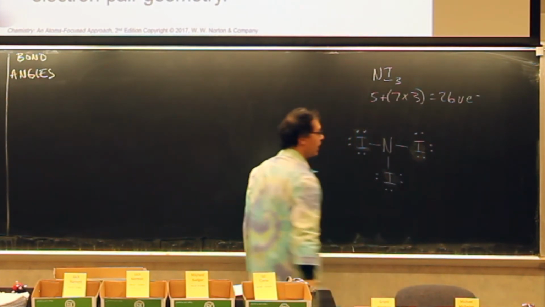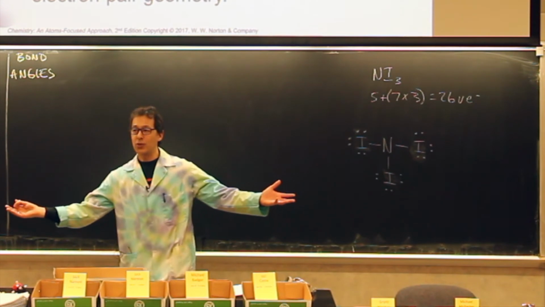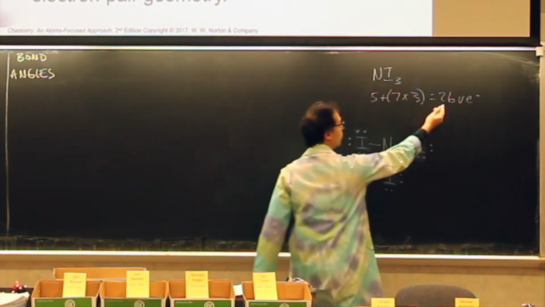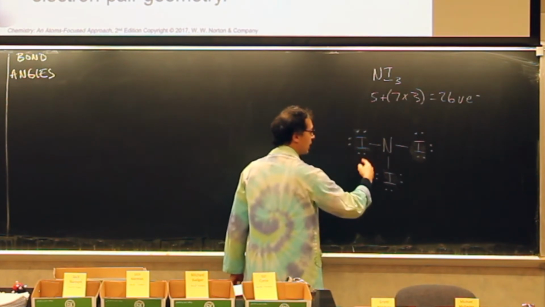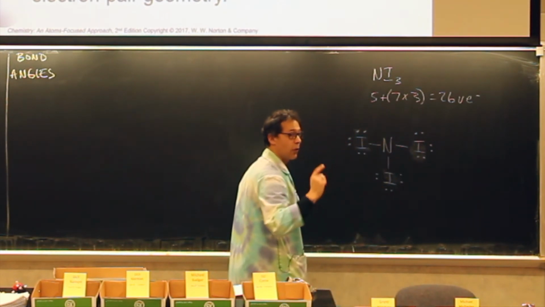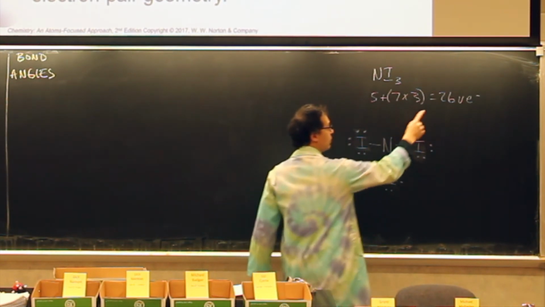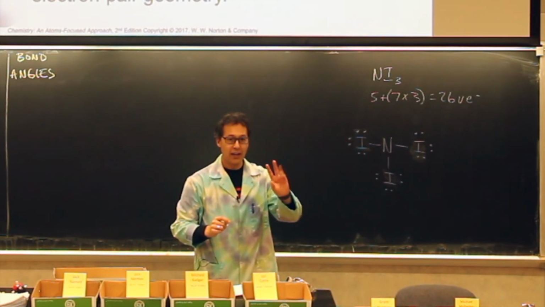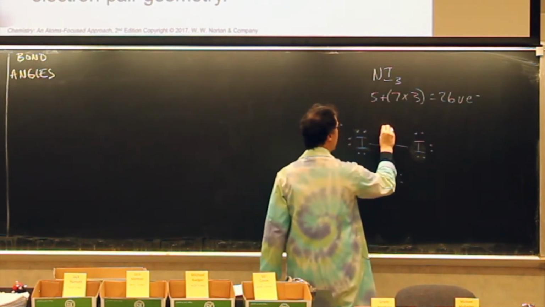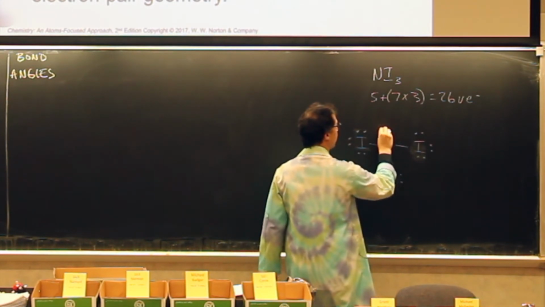There's our lone pairs. And then I add up all of these electrons in my molecule compared to what I should have. So I've got 2, 4, 6, 8 times 3 is 24, which means I'm too short. So those 2 electrons go where? On the nitrogen. So we're going to put a lone pair right here like this.